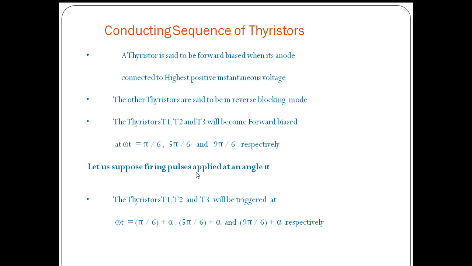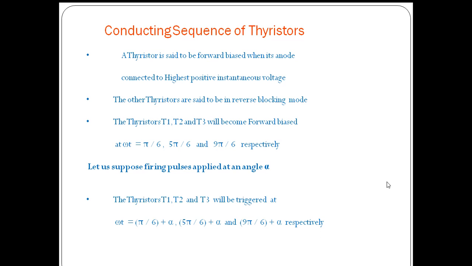Let us suppose firing pulses are applied at an angle of alpha. So the thyristor's conduction will be delayed by the angle alpha. The thyristors T1, T2, T3 will be triggered at the time instants pi by 6 plus alpha, 5 pi by 6 plus alpha, and 9 pi by 6 plus alpha.